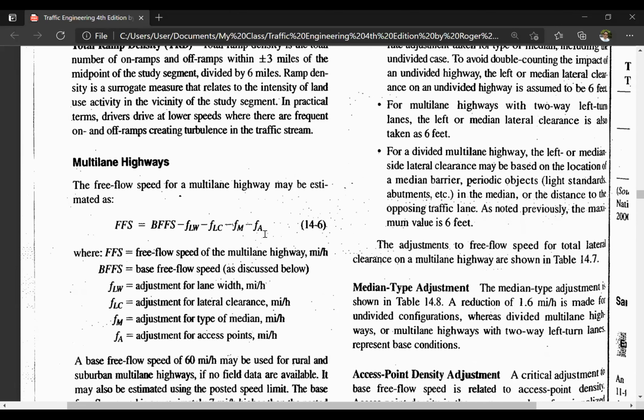If you see in here, you will look at 4 adjustment factors. The first one is the lane width. The second is the lateral clearance. The third one is the type of median. And the last one is the adjustment for access points.